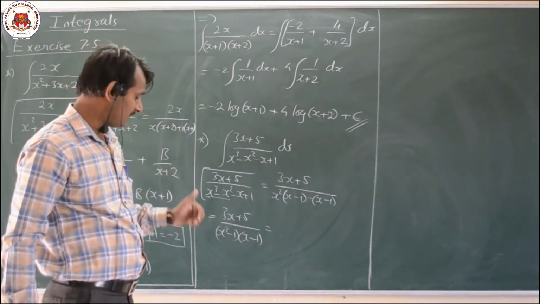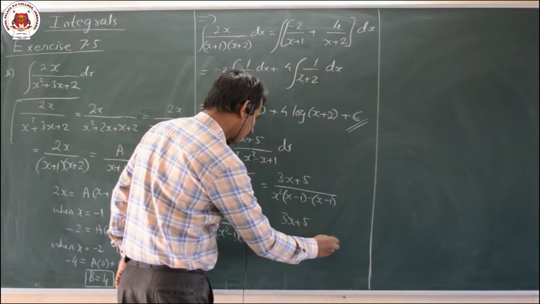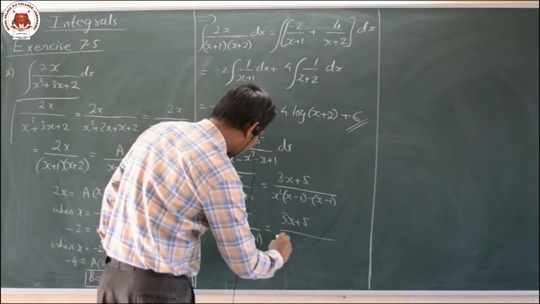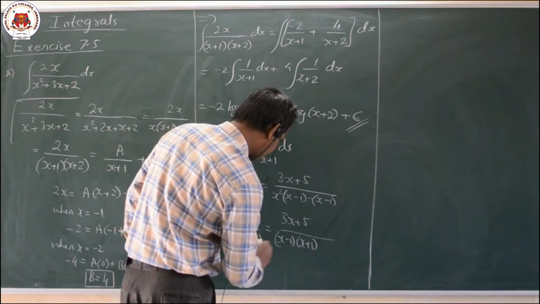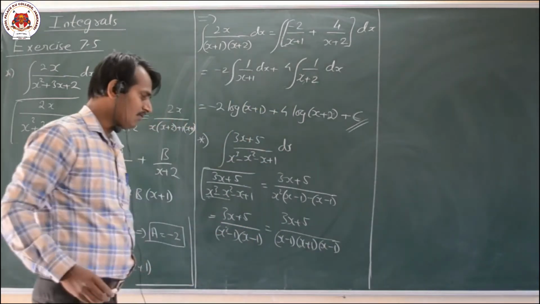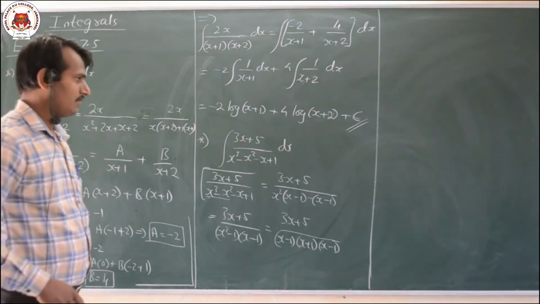What do you mean by a² − b²? It means (a + b)(a − b). So we get (x − 1)(x + 1)(x − 1) as it is. Now easily you can make use of the partial fraction formula.